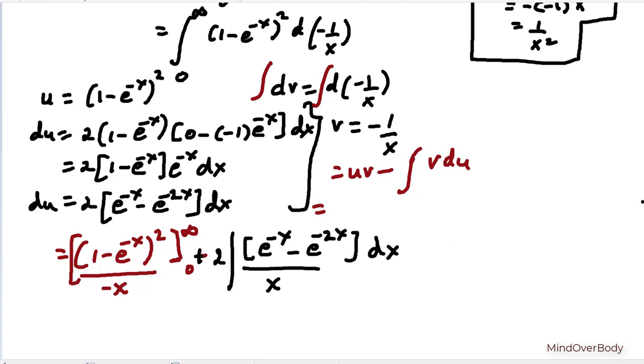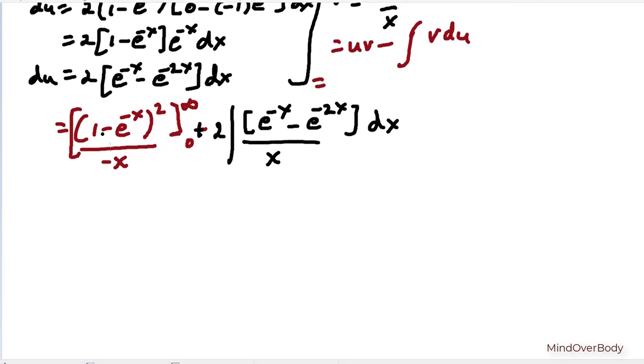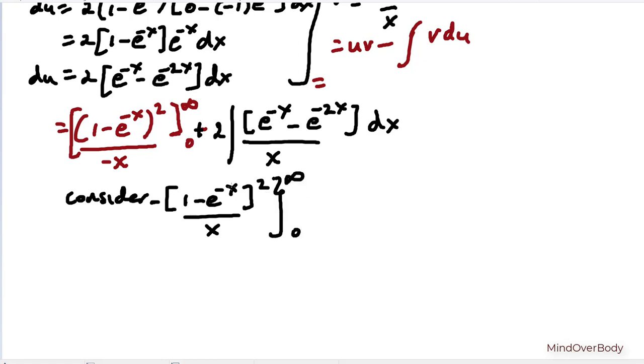Okay, so now having got that, I need to consider this first and apply the limits. Consider (1 − e^(−x))² divided by x. Of course there is a negative sign there, so I'll place a negative sign. Now this is heading from 0 to infinity.